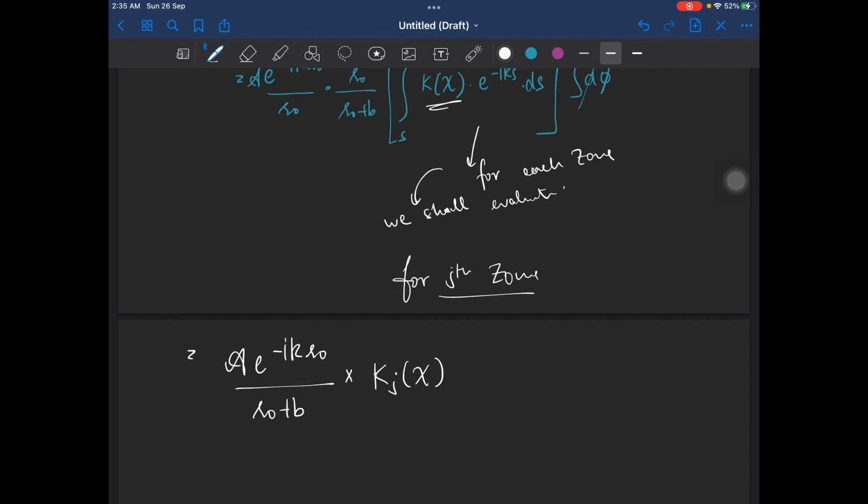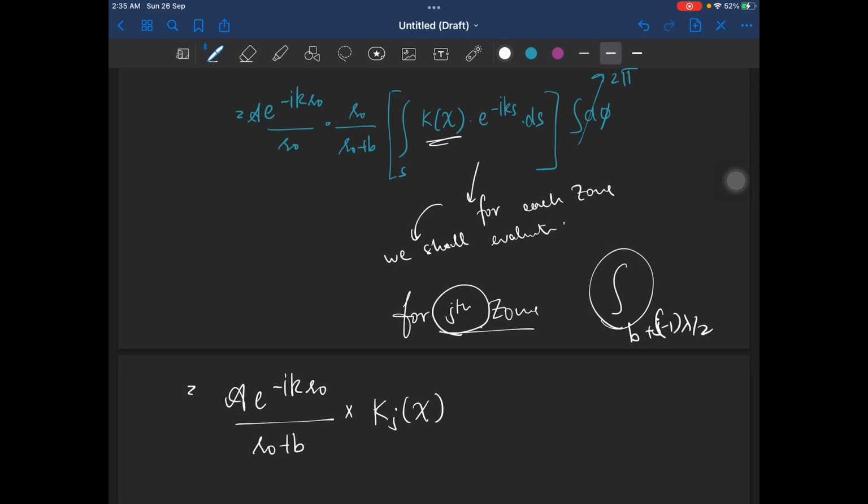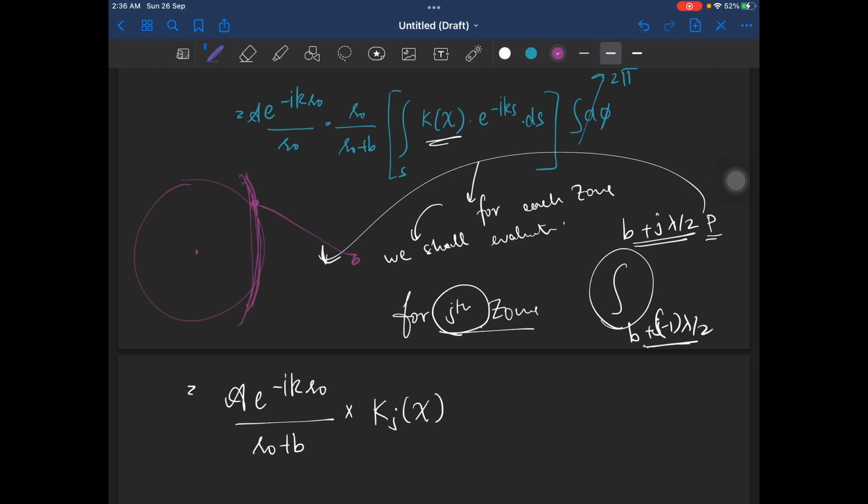In an arbitrary zone, we shall see that the integral does not matter. For one zone, from b plus (j minus 1) lambda by 2 to b plus j lambda by 2. It's the distance from P, and we already have seen that if this is large, this S thing remains kind of the same. So we just take this length as this length. Fine, cool.